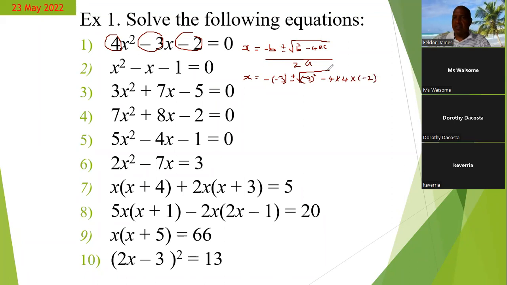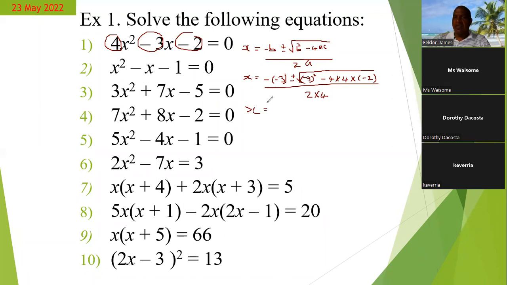All right, so this root sign is all over that. And then we have 2a, 2 times 4. So work out what is under the root sign first.